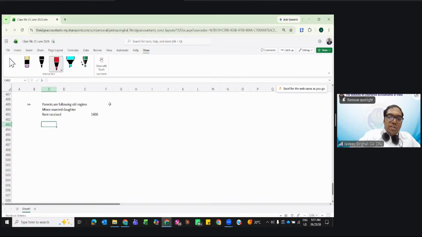Can you tell me how much income will be clubbed? How much income will be clubbed in the hands of the parent? Please think logically.